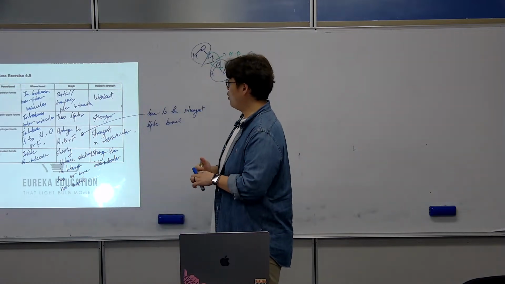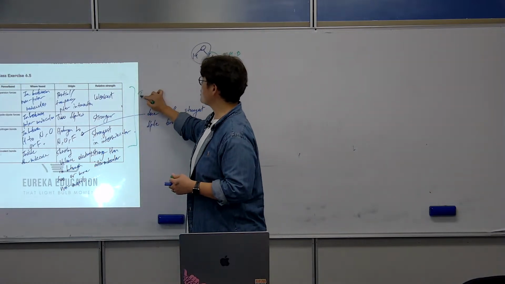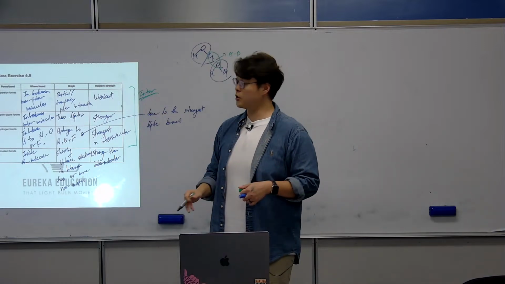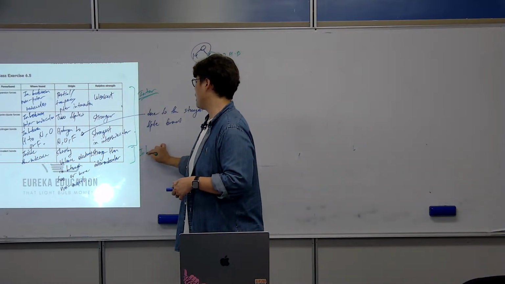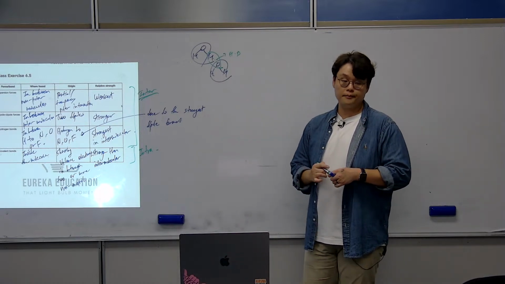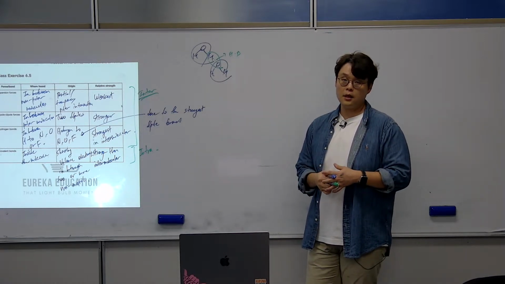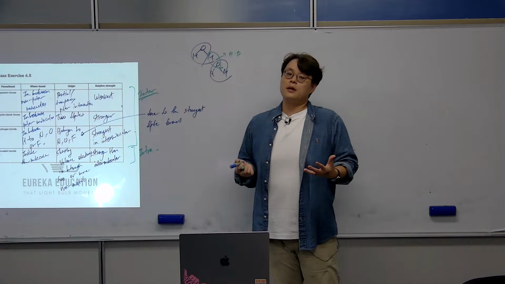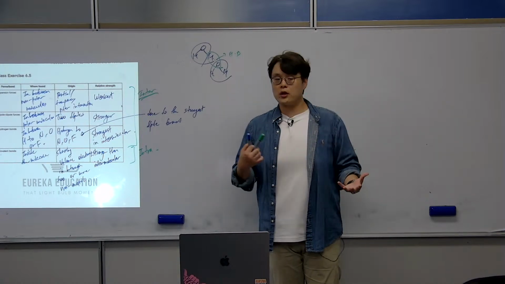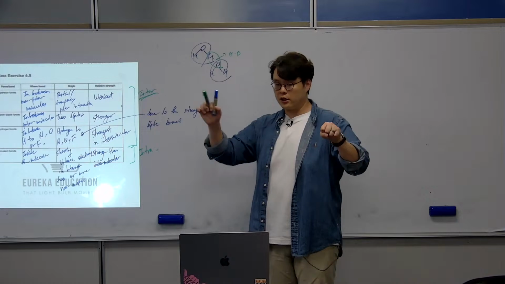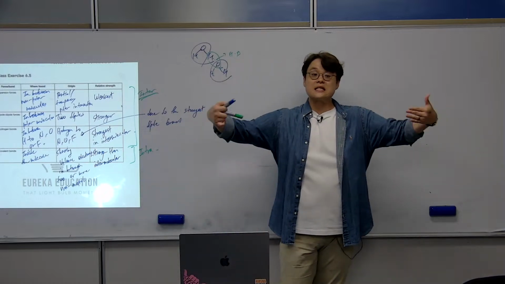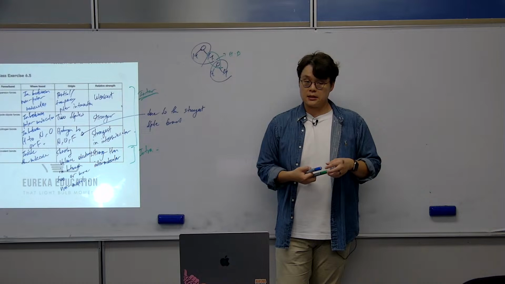So out of four, these three are intermolecular forces, in between the molecules. This is intra. Make sure you remember that inter means an interaction from one molecule to another molecule, whereas intra will always be something that goes inside of the molecules.